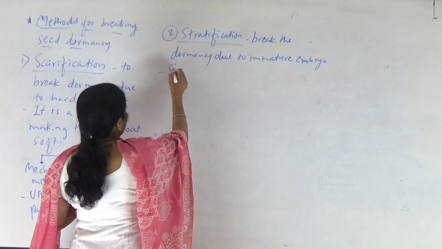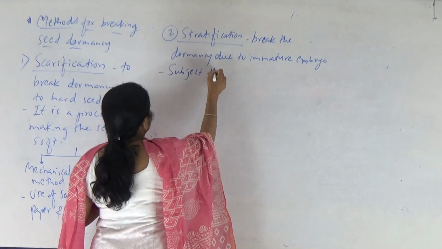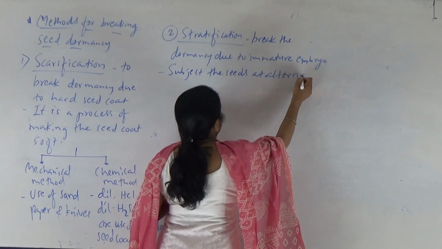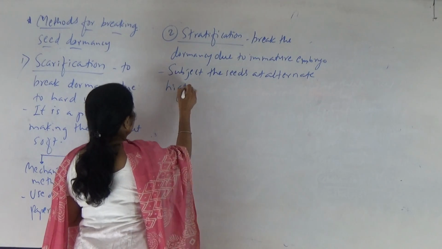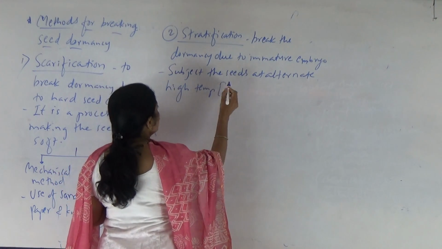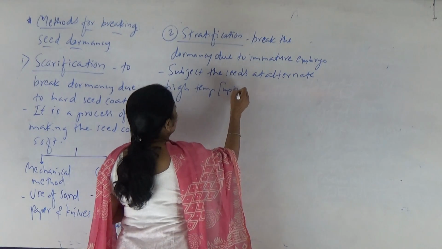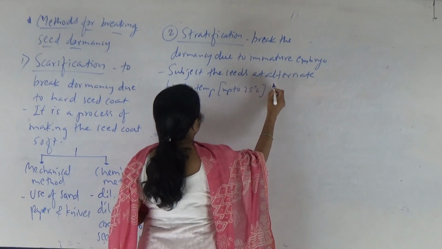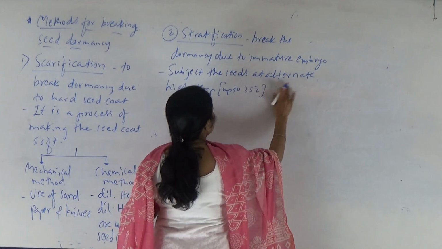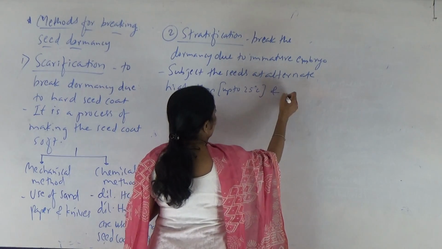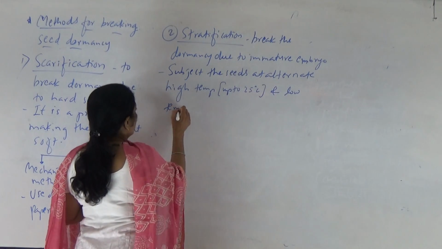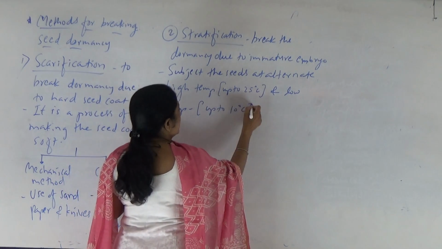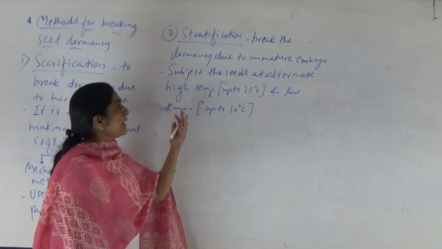So subject the seeds to alternate high temperature, up to 25 to 30 degrees centigrade, and low temperature, up to 10 degrees centigrade, right? So alternate high and low temperature.